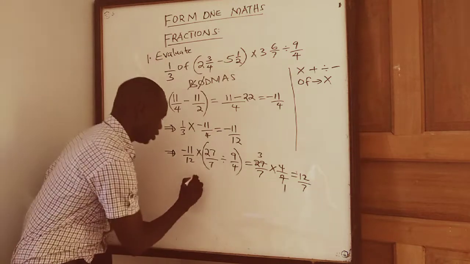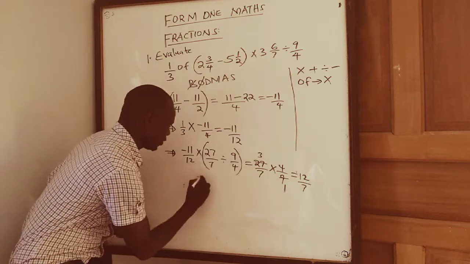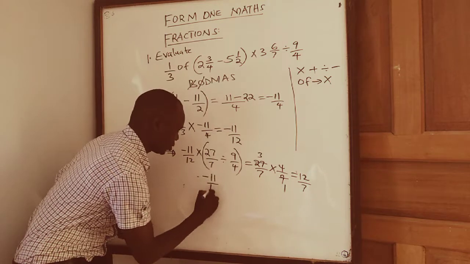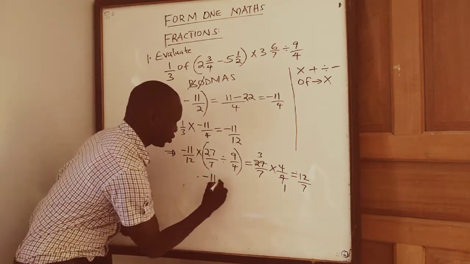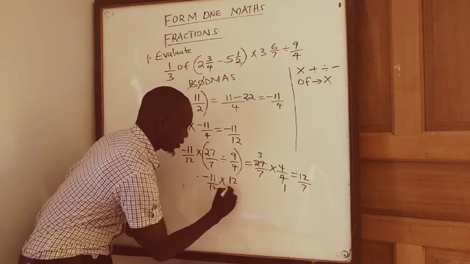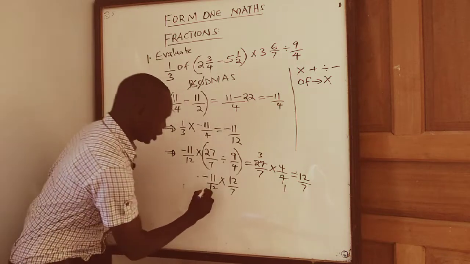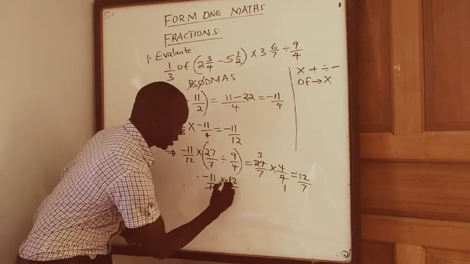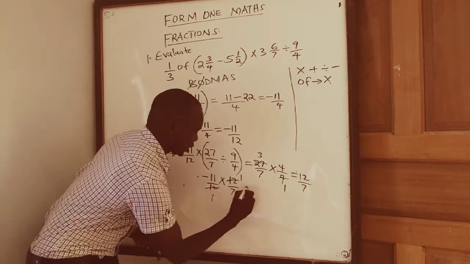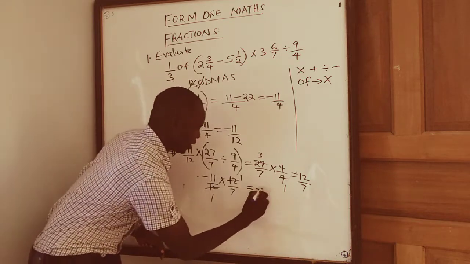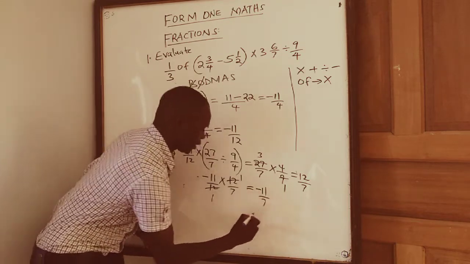Now we go forward and say, what we have here is minus 11 over 12. We are going to multiply with 12 out of 7. 12 goes into itself once, it goes here once. So that we have minus 11 out of 7.